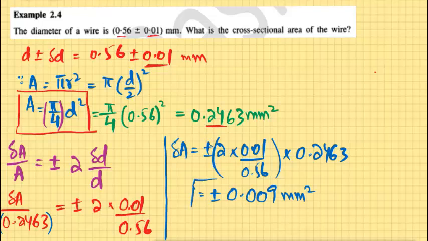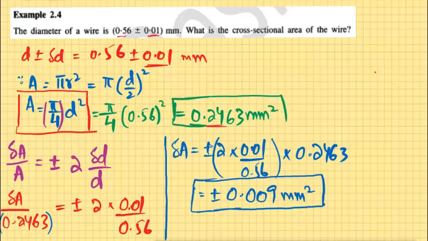We always write the final answer in one significant figure only. Now I know the value of area and I know the error.